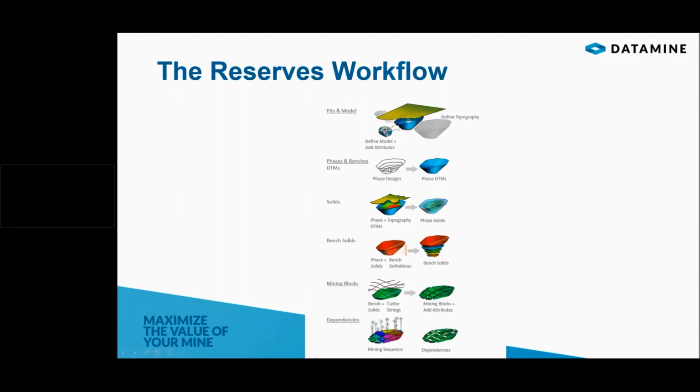Either you can import the string and then create the wireframe, or you can directly import the wireframe of each pushback. After we import the wireframes, the next step is to cut or trim the wireframe of each pushback with the topography. Basically we are going to create a solid, an incremental solid, for each pushback.